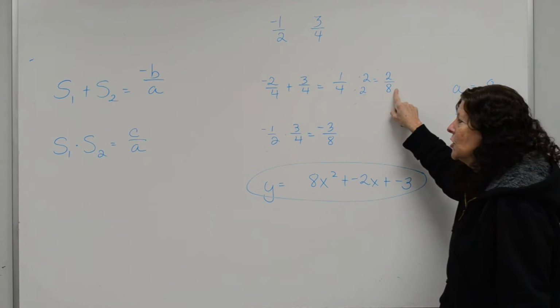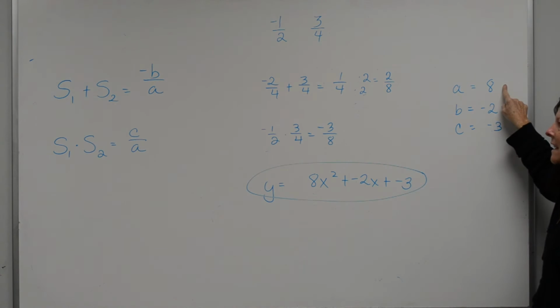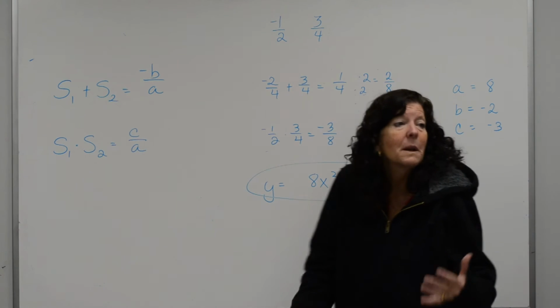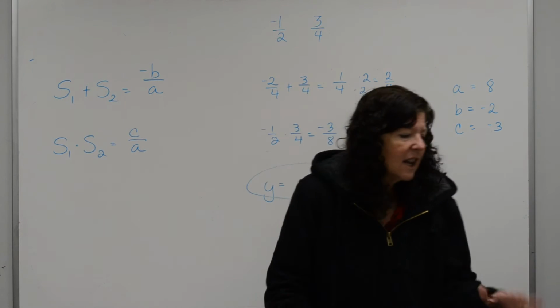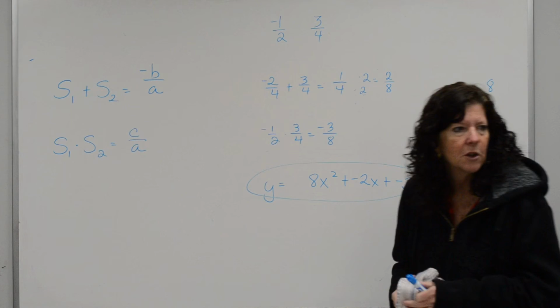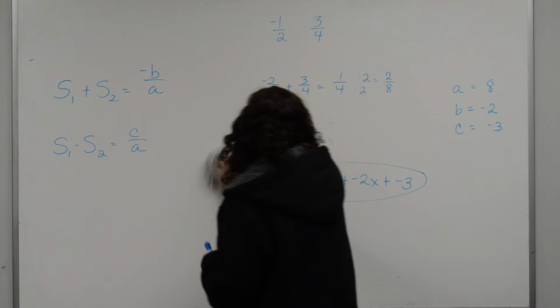So that gives me a 2/8. Now the A's match, so that is 8 and then -2 and then -3. Just make sure you match up the A's. It only rarely happens like that, but be aware of it when you go to do it. All right, let's move on to some more.